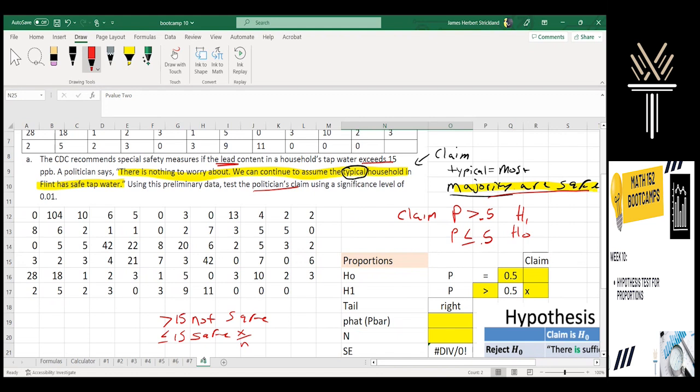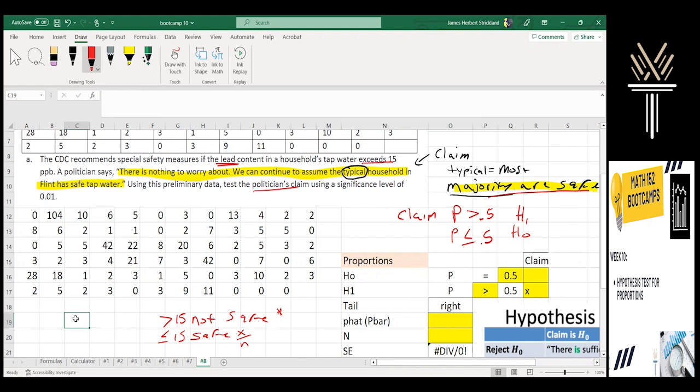So we don't necessarily care about the amount that are not safe, because he's only talking about the typical house. So we need to run through this and count how many safe homes there are. The cool thing is it might be easier to count the not safe homes and then just subtract off the total amount, because Excel can easily calculate when it's greater than or less than.